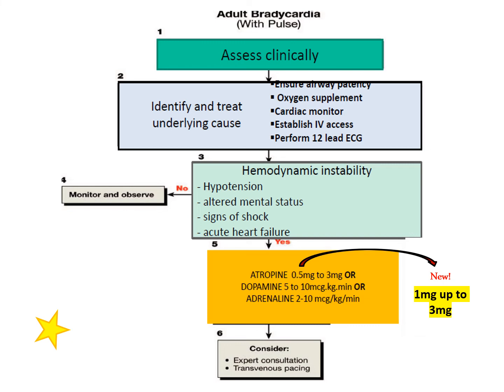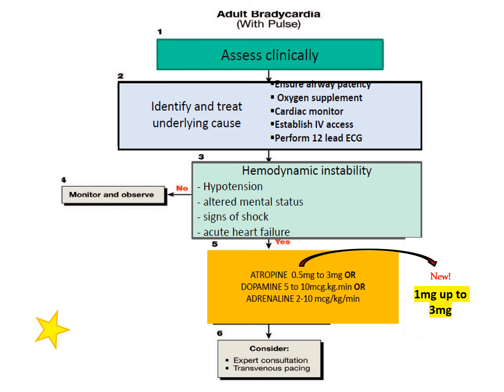The management is the same. If any evidence of hemodynamic instability due to hypotension, we need to give adrenaline 1 milligram up to 3 milligram. So this is a new update, okay? Before this, we gave 0.5 milligram up to 3 milligram, but now we start 1 milligram up to 3 milligram.